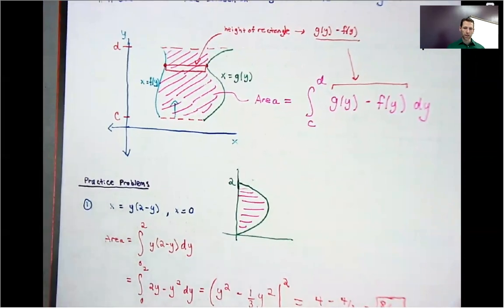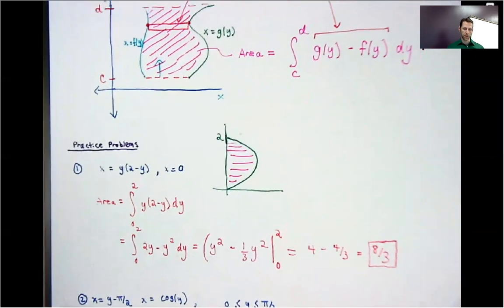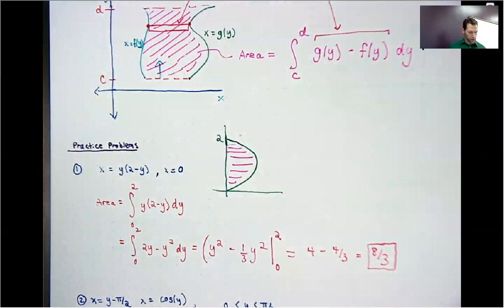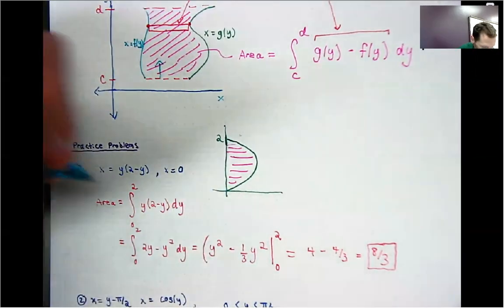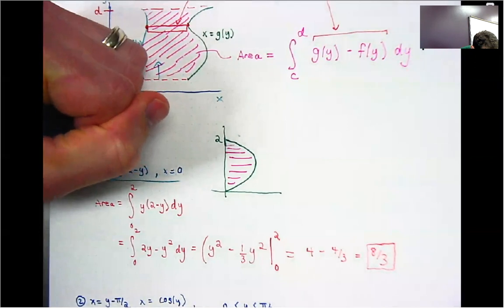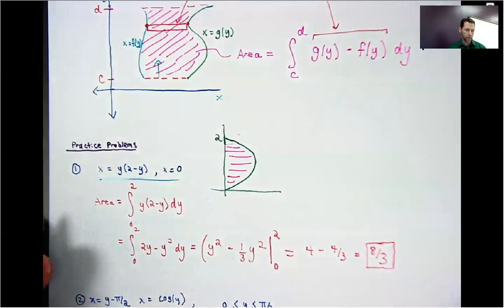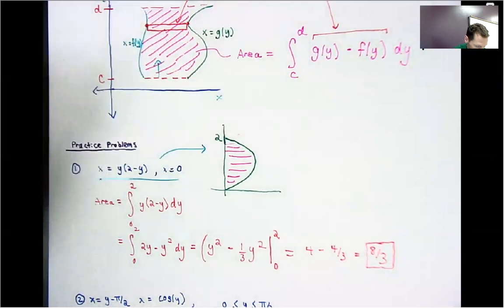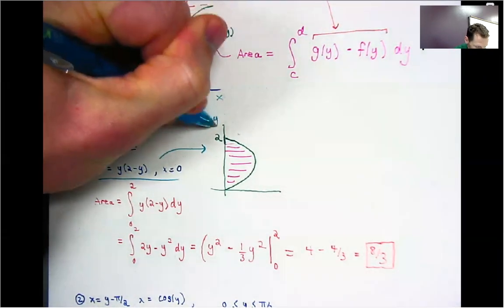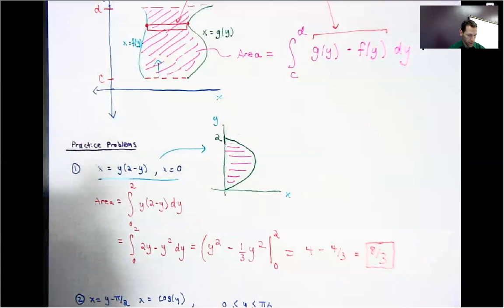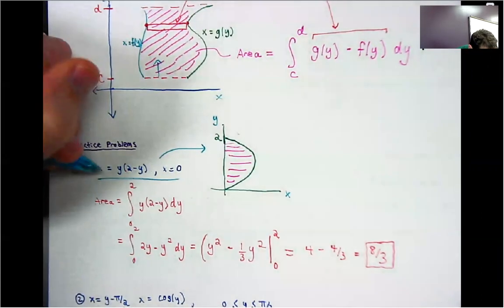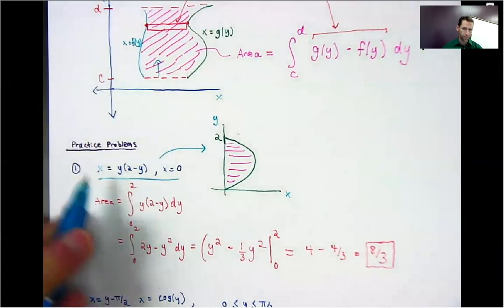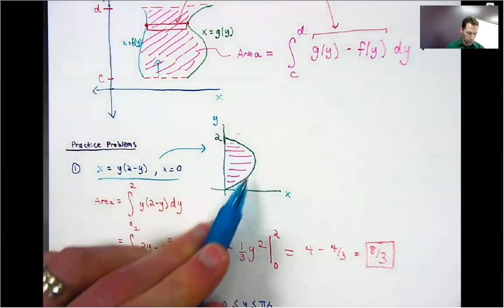So let's do a couple of practice problems. I've written out the detailed solutions, and I actually have Desmos already, so you can envision what this description is. So just like in the previous notes, the goal is I want to get a picture here. Let me label the axes. This is still y, this is x. If I were to graph x equal to y times 2 minus y, I get a little parabola.